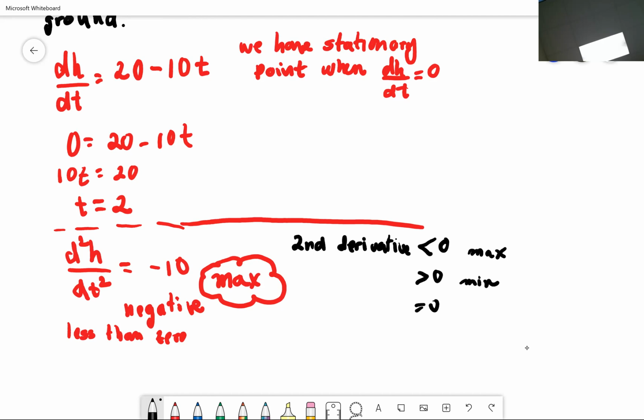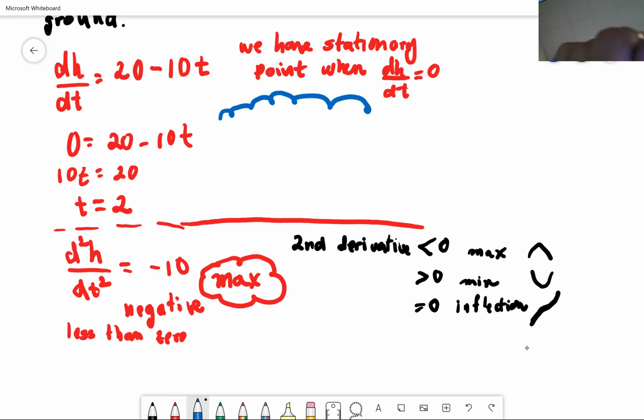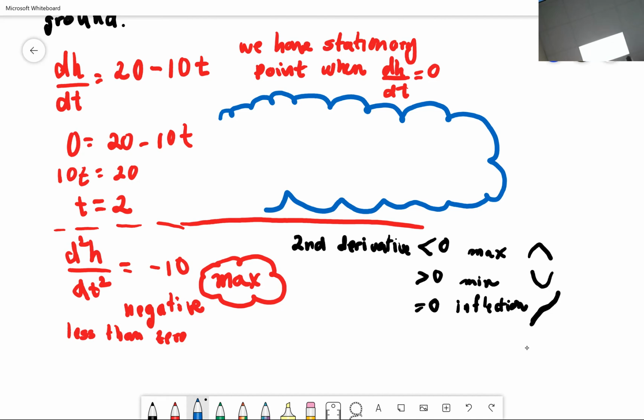And if it equals 0, we have an inflection or transitory point. This one will look like this, this one will look like this, and this one will look like that. So in this case, we do have a max. So I'll do it over here in blue. This will solve what they want.